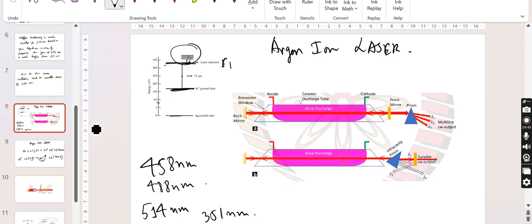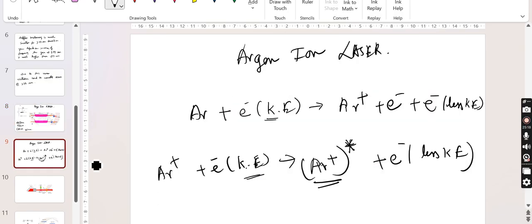From that upper excited argon plus state to E1, lasing emission happens between those states, and from E1 to the argon ground state, we get another non-radiative transition. So this is case one.